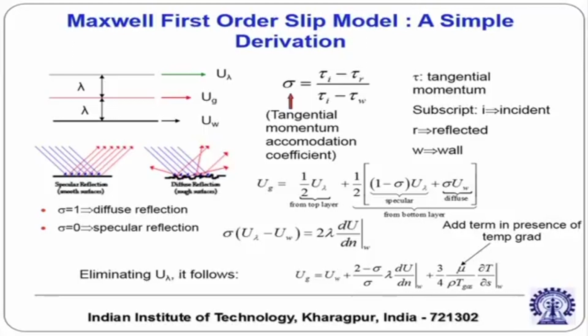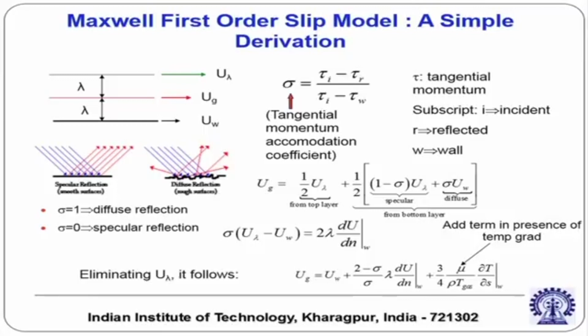On the other hand, for diffuse reflection, the reflected molecules assume the tangential momentum of the wall. So tau r is equal to tau wall, which makes sigma equal to 1. In reality it is neither fully specular nor fully diffuse reflection, because the relative proportion of these depends on the condition of the surface, so it is something in between.